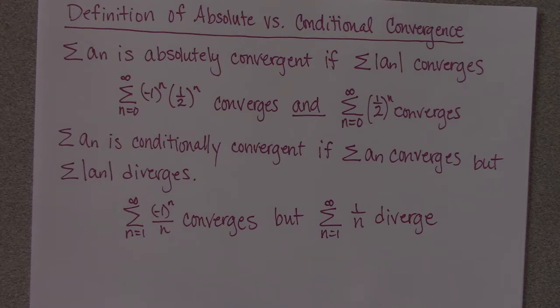In fact, you'll see that p-series that diverge when p is between 0 and 1, when you alternate them, pass the alternating series test and converge.